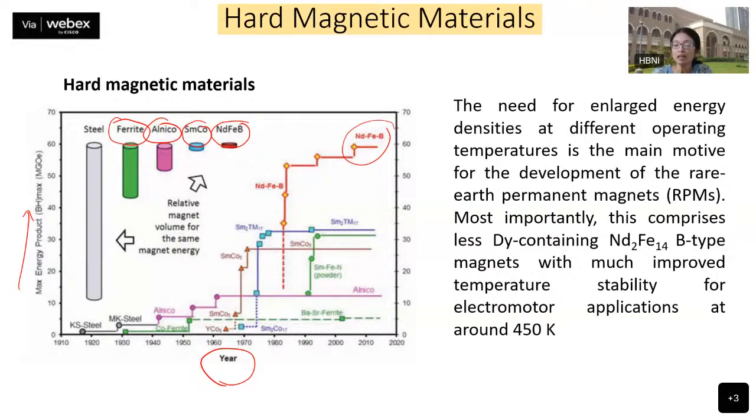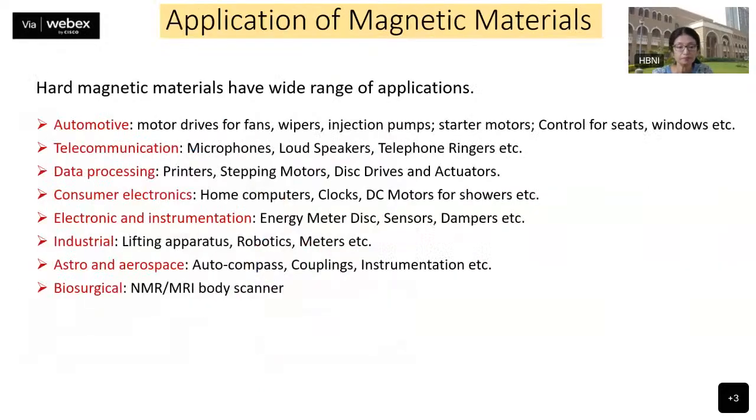The main motive is the development of rare earth permanent magnets. Most importantly, this comprises less dysprosium containing Nd2Fe14B type magnets with much improved temperature stability for electromotor applications at higher temperatures. 450 K is much higher than your room temperature. So that is the reason why we are looking into enlarged energy densities for these different magnetic materials.